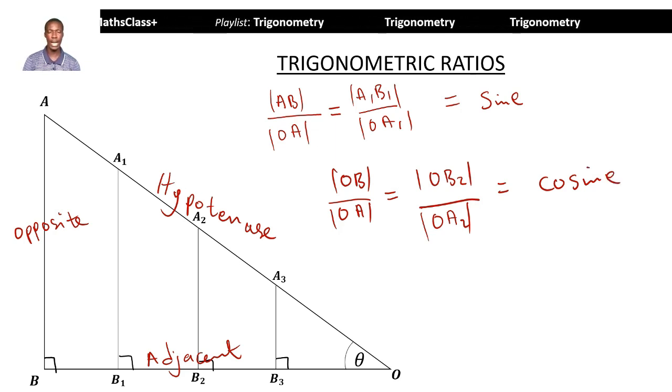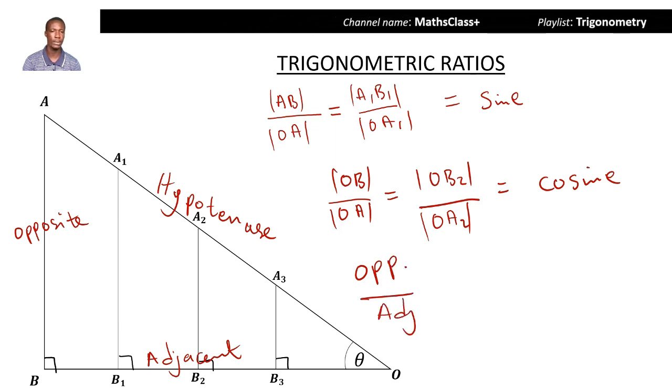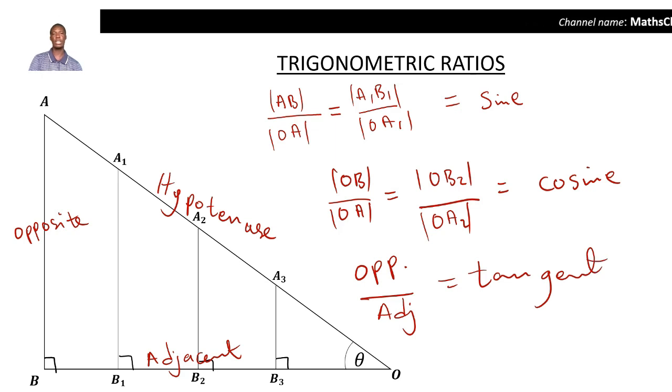And then there is another ratio if I take the opposite side divided by the adjacent side. That gives me the tangent. So these are the trigonometric ratios that we have.